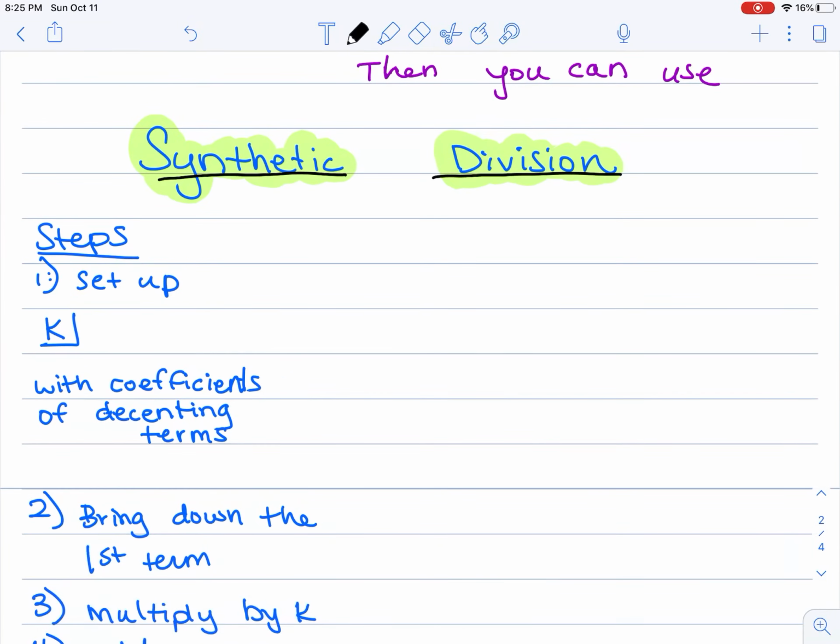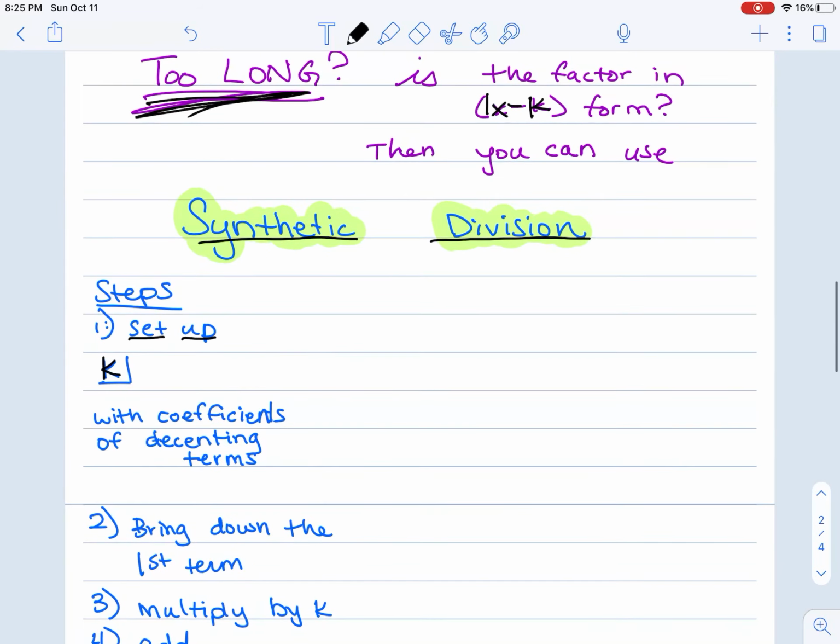So synthetic division looks like this. We're going to set up this value of k that comes from x minus k right here. So whatever this number is right here, that value of k, so if it was x minus 2, we would put 2 in the value of k.